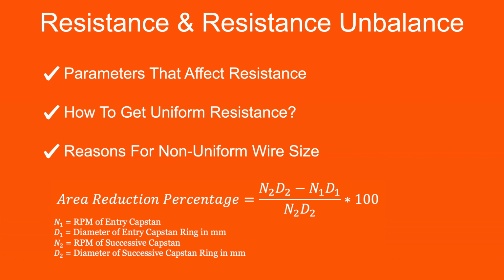And that is the reason it causes variation in diameter of the wire, and at the same time it increases concentration of copper dust particles in the lubricant, which is not desirable.